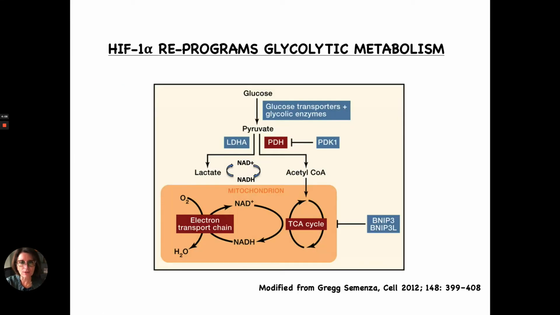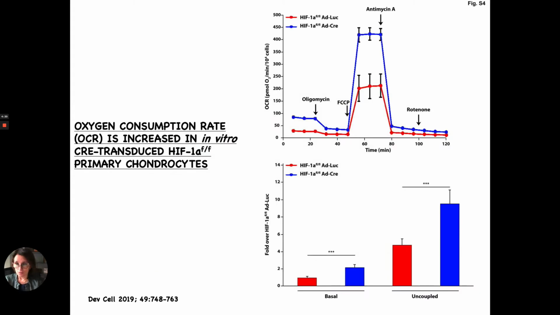While we were thinking along those lines, it was shown by many laboratories that, at least in vitro, a key function of HIF-1 alpha is not only to upregulate glycolysis and lactic fermentation, but to suppress mitochondrial respiration with a variety of molecular mechanisms. To prove that this was the case also in chondrocytes, we isolated chondrocytes from HIF-1 alpha floxed mice.